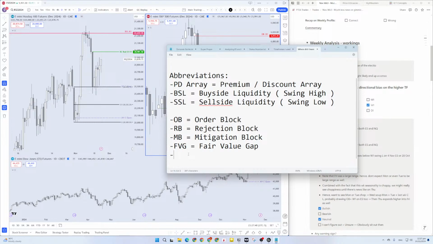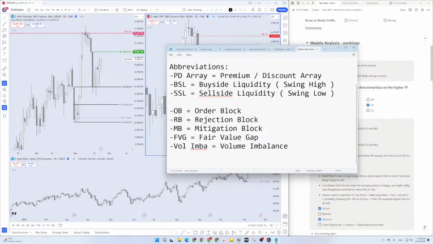We have volume imbalance. This is used less frequently. I don't really like using it, but sometimes if I see it, I'll take note of it because these are relevant as well.